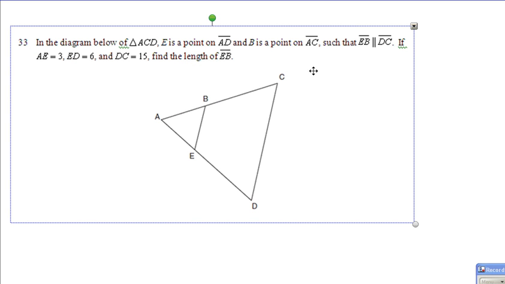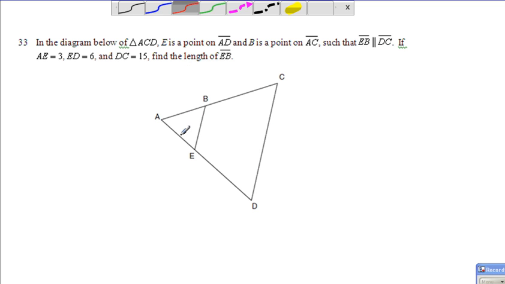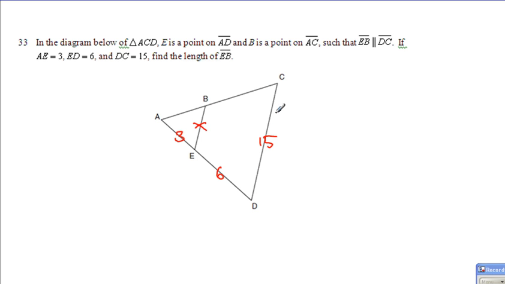Alright, next. Here we have AE is 3, and then ED is equal to 6. Now, DC is equal to 15, and then let's find EB, that's the question mark X. Now, if you look at the proportion, one thing that they want to look at is 3 to 6, but in fact it's not 3 to 6, it will be 3 to the whole thing, which is 9.